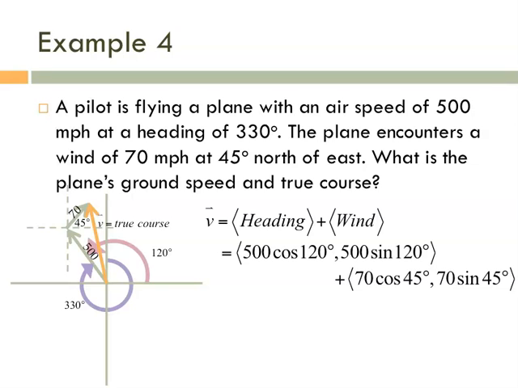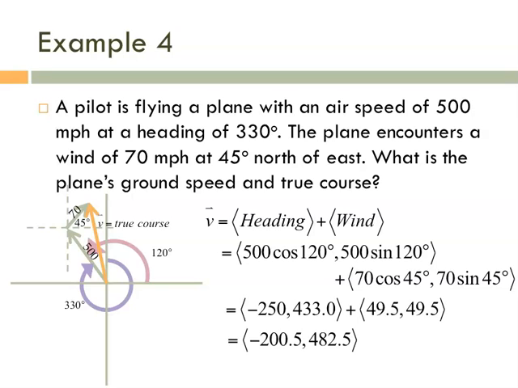And all we need to do now is simplify each of those and add them together. So we have negative 250, 433.0, 49.5, 49.5. Add those together, and we have negative 200.5, 482.5.